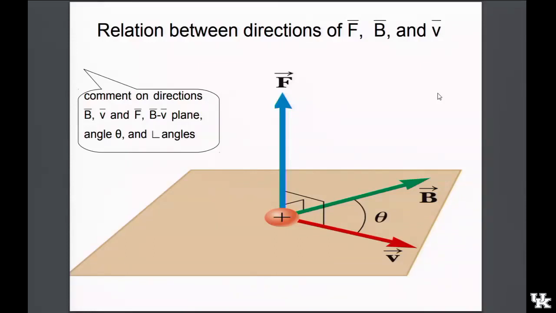V is the velocity vector in red. These are the two vectors on the right-hand side of the field equation. And theta here, this is important, theta is the angle between those two ingredients that determine the magnetic force, the angle between the direction of the velocity vector and the direction of the magnetic field.